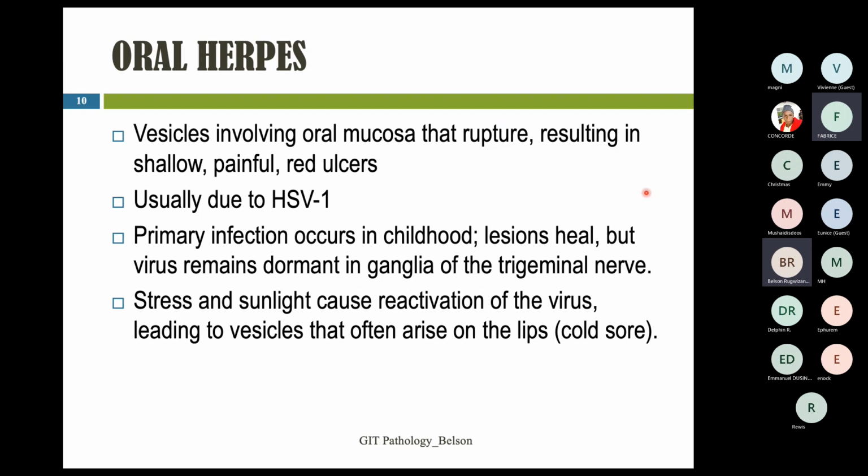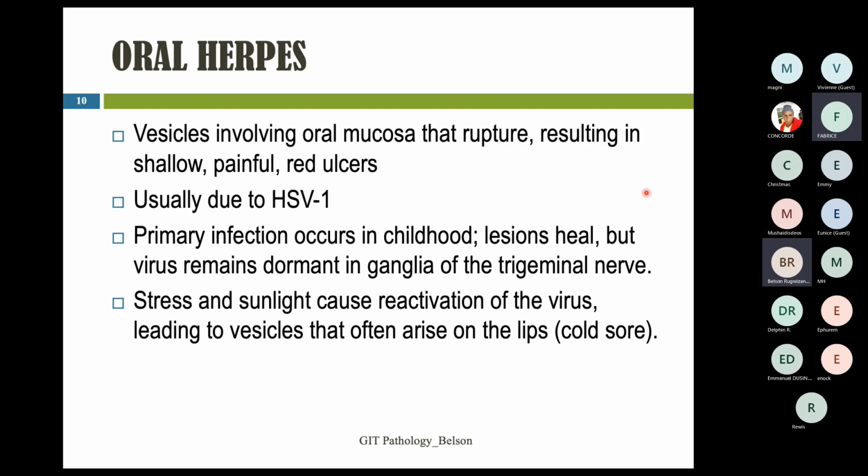So it is written that HSV1 affects the oral cavity, while HSV2 affects the genital organs, so it is a sexually transmitted disease. But because of changes in people's behaviors, where they do oral sex, things have changed.